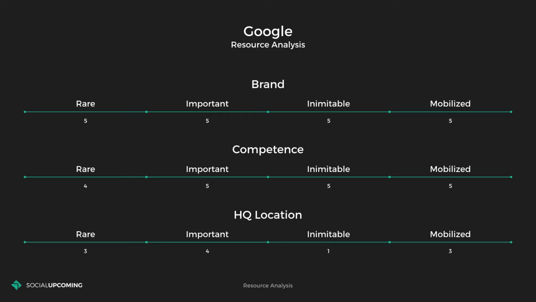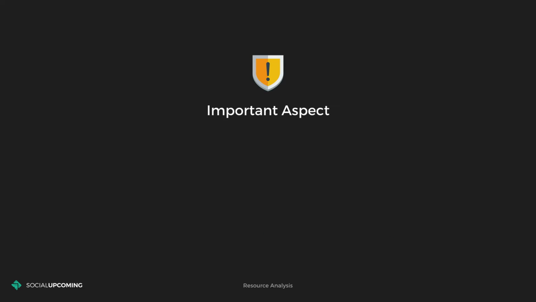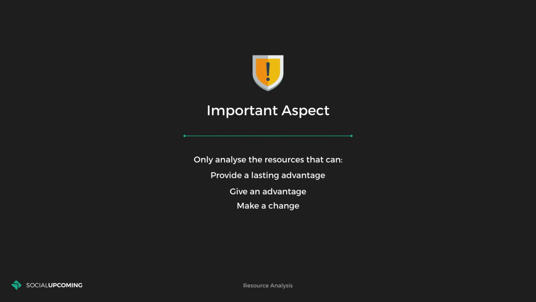So when you do a resource analysis, you want to map out rare, important, inimitable, and mobilized for different aspects. But something important to keep in mind is that you only want to analyze resources that have the potential to provide a lasting advantage, that give an advantage, and can make a change.